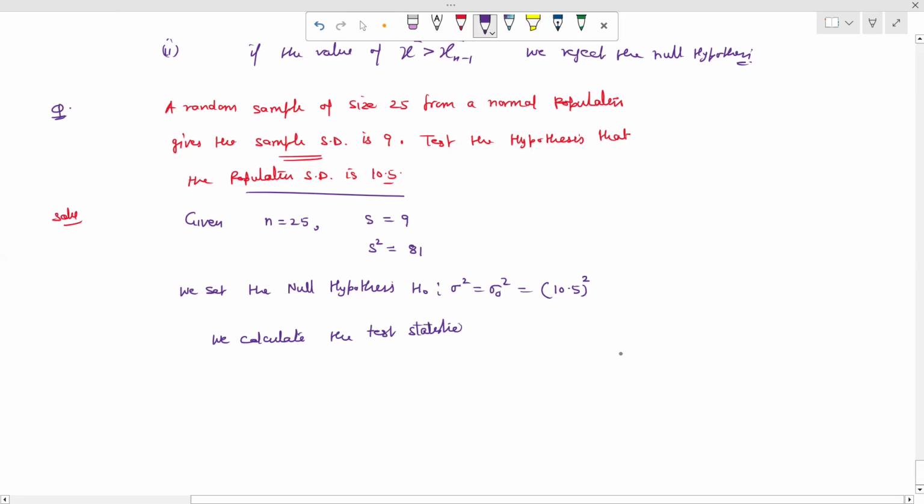So when we calculate the test statistic, this means chi square equal to summation of x minus x bar to the whole square upon sigma naught square.